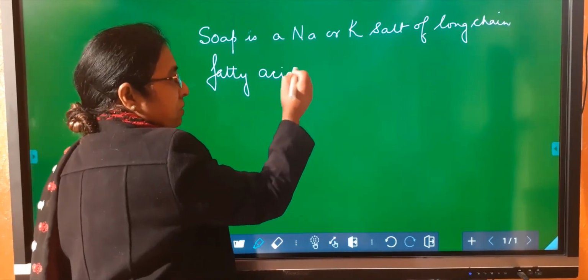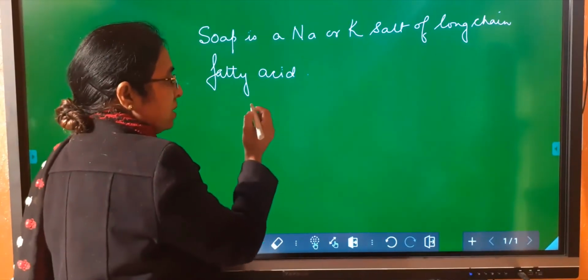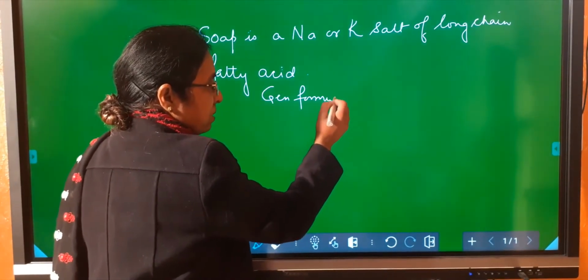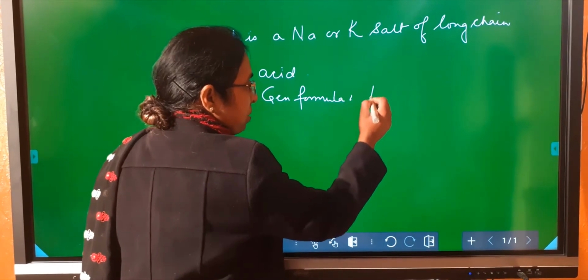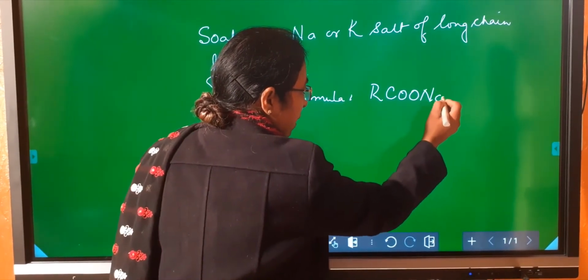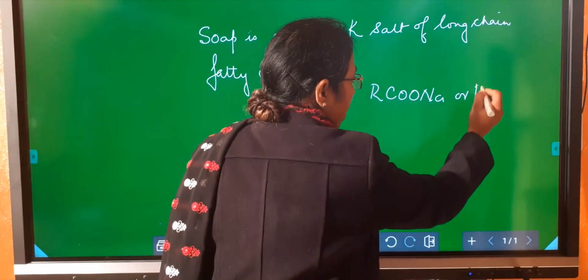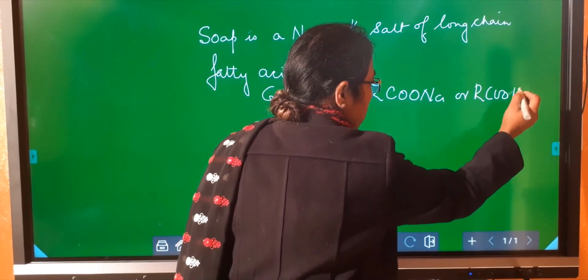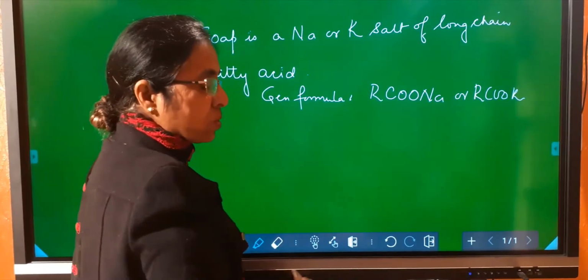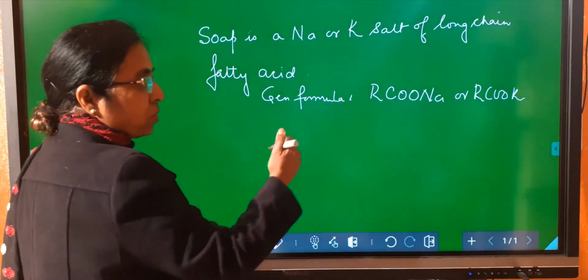Alright. When we say long chain fatty acid, the general formula will become RCOONa or RCOOK. That is the sodium salt or potassium salt of a fatty acid.